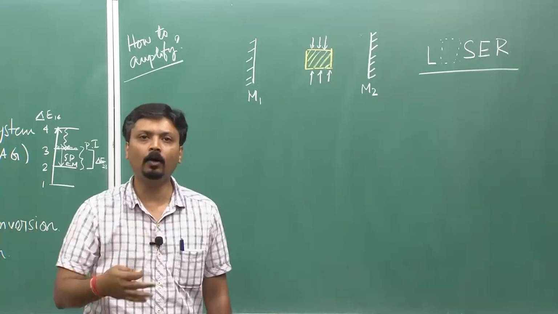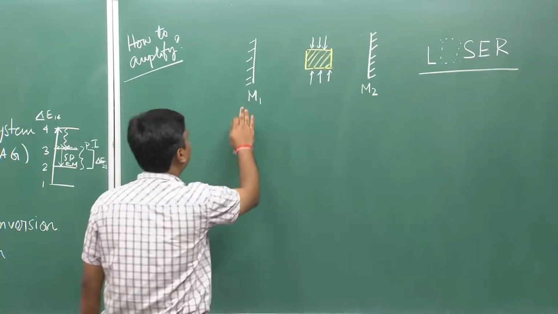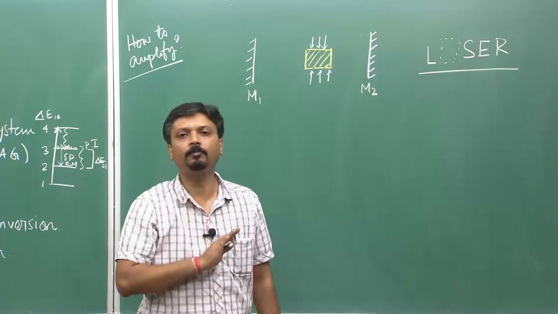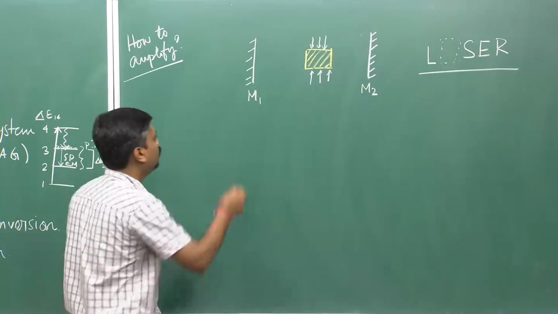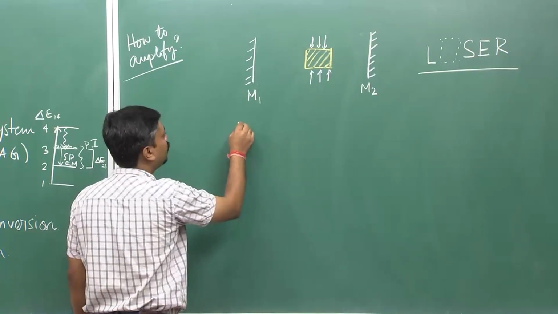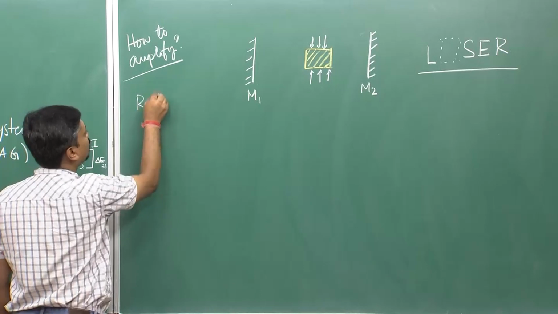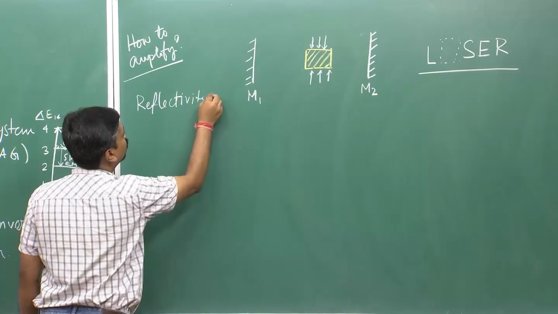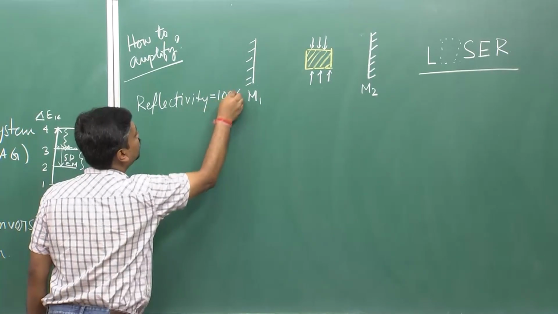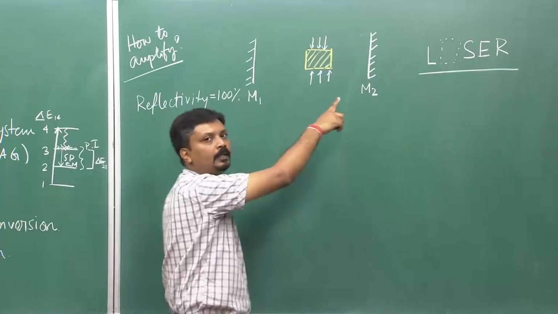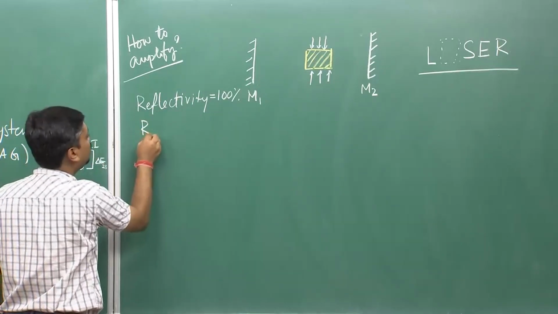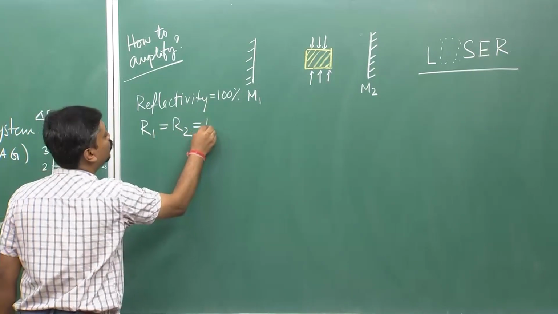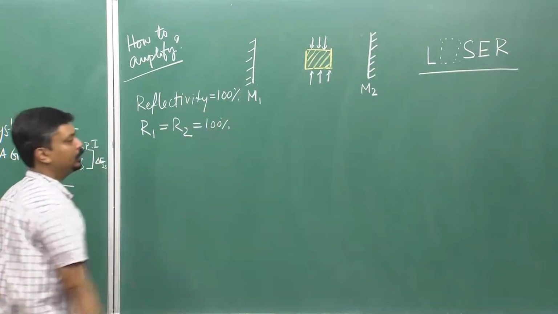Whether we can make it or not, we will see later, but at least to start with, we do not see much problem in having an extremely flat mirror with reflectivity of 100%. That means these are 100% reflective. So, if the reflectivities are R1 and R2 for M1 and M2, that is 100%.